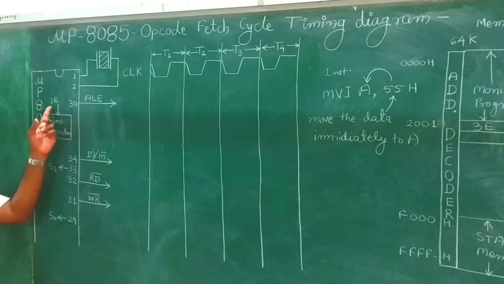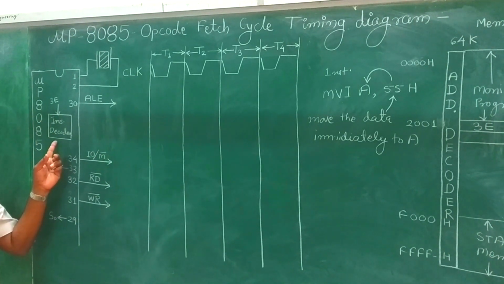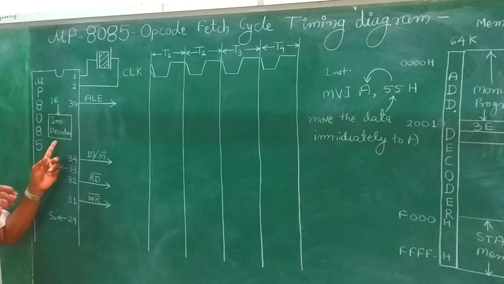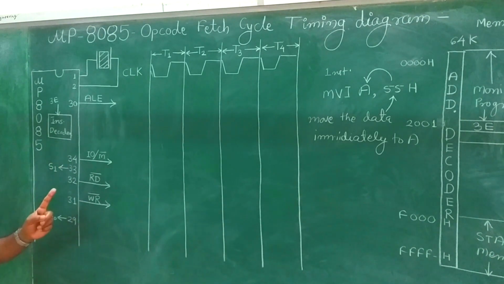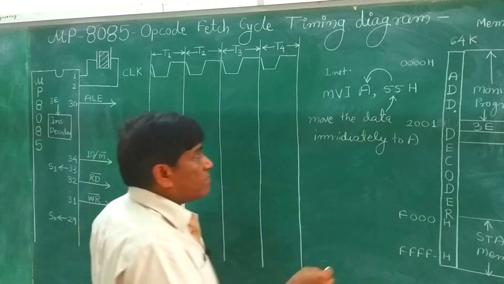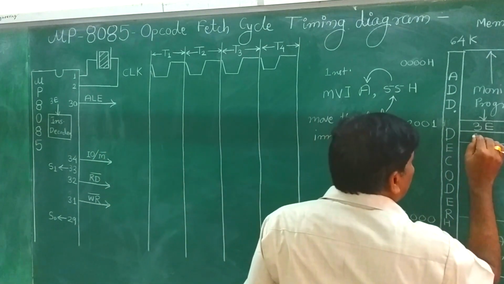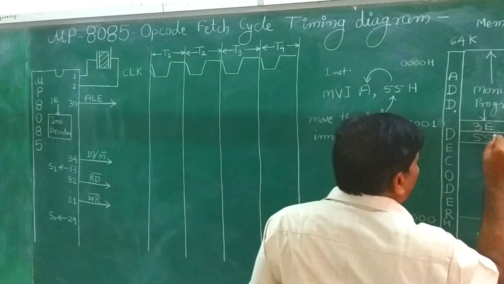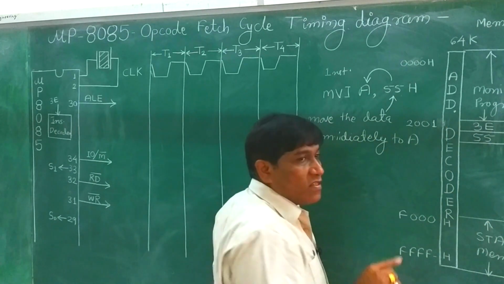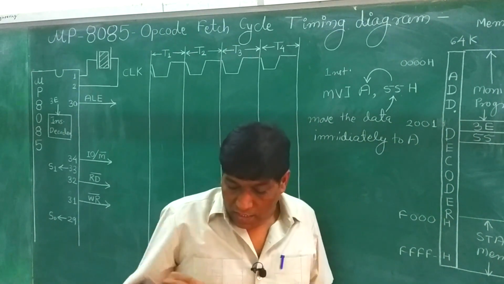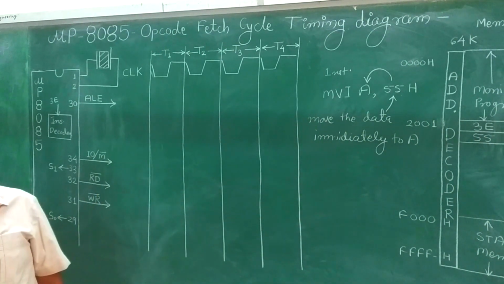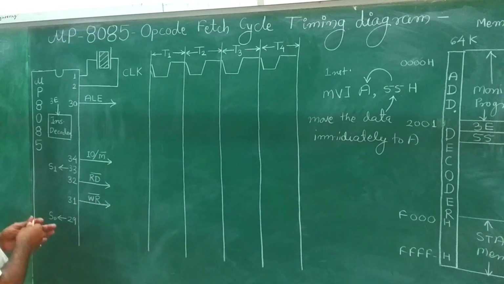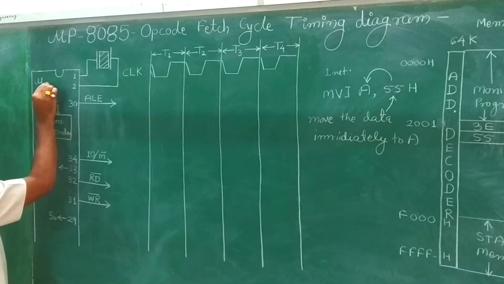Which means whenever 3E is received by the instruction decoder, it will decide that the next data is 55H. This is the data, and it is to be transferred to register A.